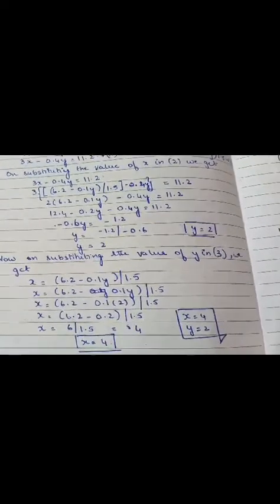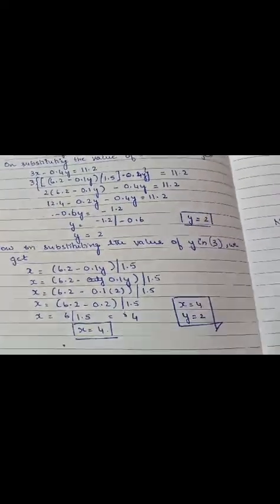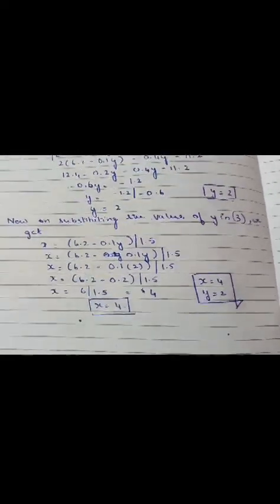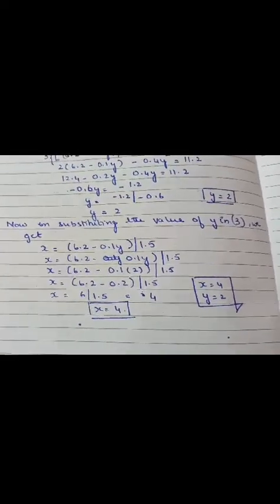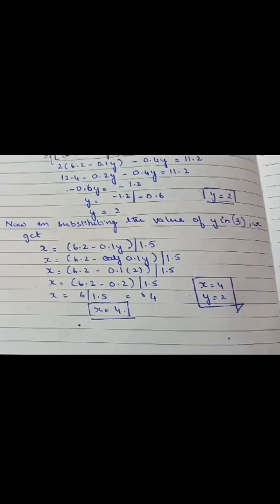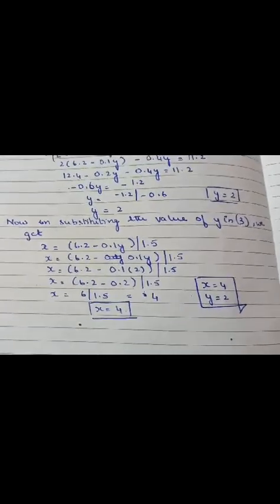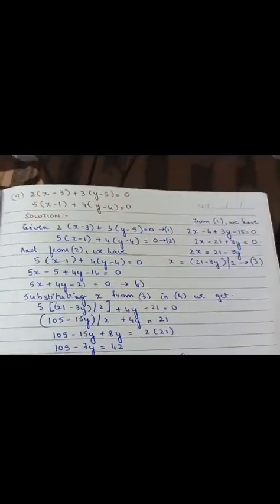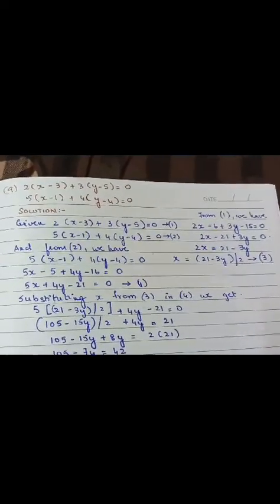Therefore, x is equal to 4, y is equal to 2. I am just pausing for a few seconds for you to understand how I got x. Hope this is clear.